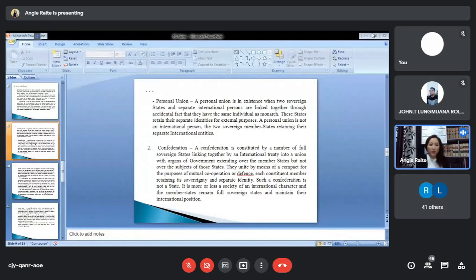They are linking together just for mutual cooperation or defense, and they still have an international character. They remain independent as sovereign states, they do not interfere in the subjects of other states, and they look after themselves in all other matters.